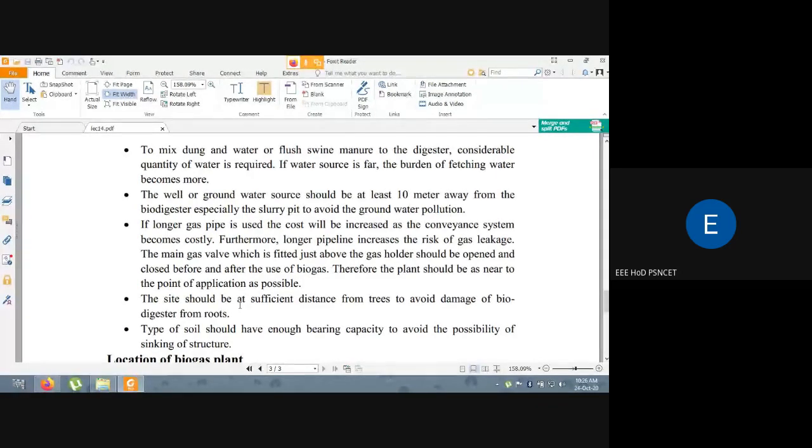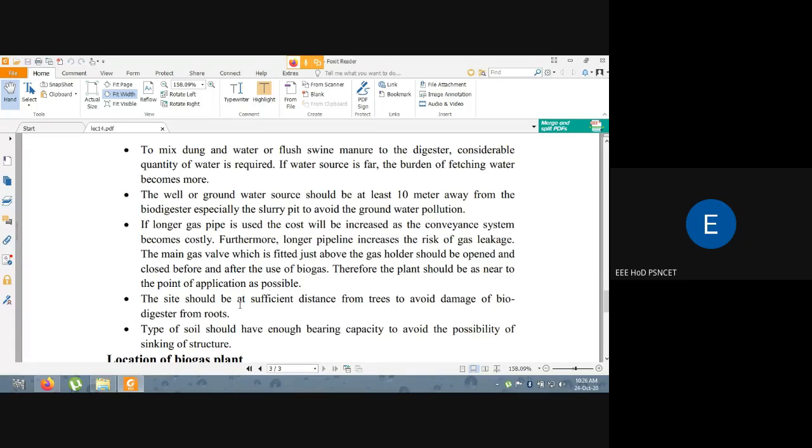Okay, so suppose we have a biogas plant where water is not available, we should transfer that water from some other places by means of trucks or lorries, water lorries are there. So it will increase the cost of input source. Okay, so the land should have a vast amount of water.